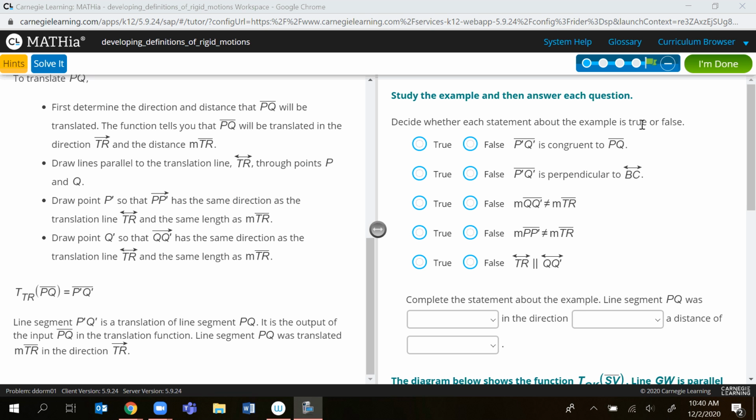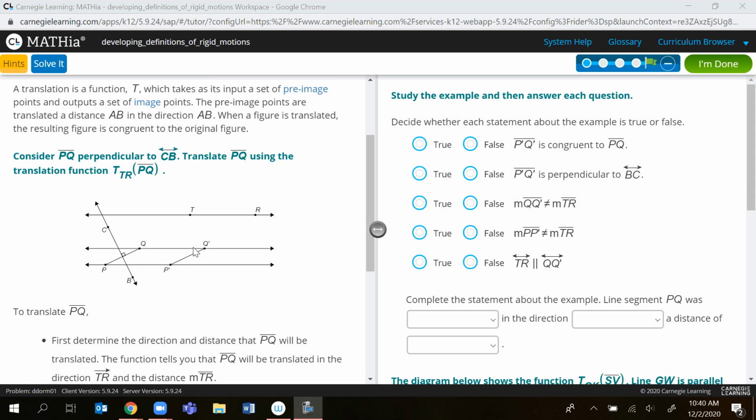So here we have some true-false questions. Decide whether each statement about the example is true or false. Is P prime Q prime congruent to PQ? Since it was a rigid motion, all we did was translate. They should be congruent.